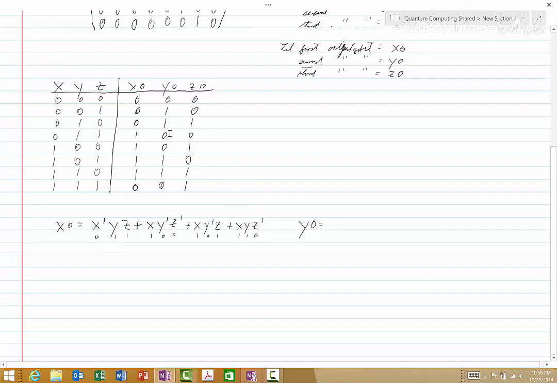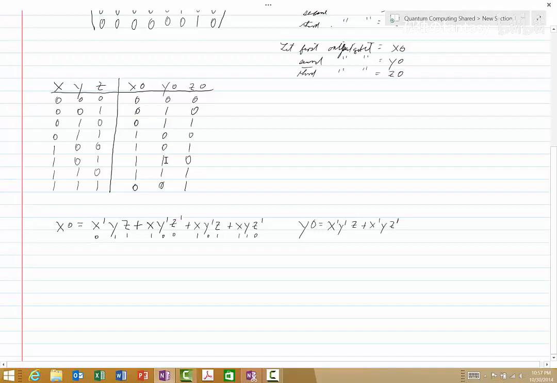Again, I would encourage you to try to do y0 and z0 on your own and then compare with what we will get. Okay, the first one in y0 corresponds to x prime, y prime, z here. The second one corresponds to x prime, y, z prime. That's right here, the third row, x prime, y, and z prime to get that one.